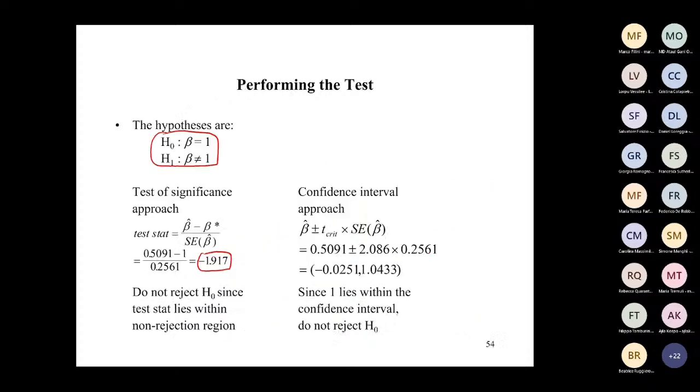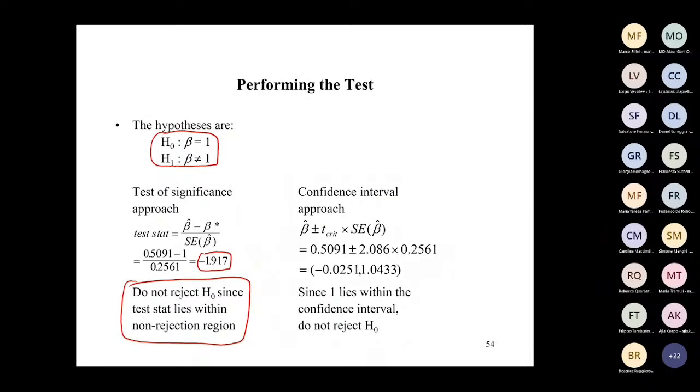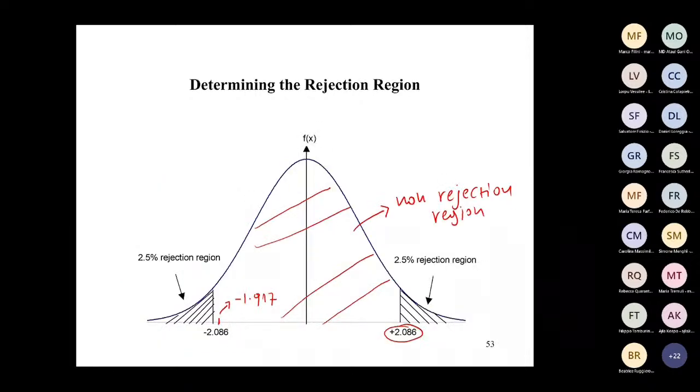So what's the conclusion here? We do not reject since the test statistic lies within the non-rejection region. Or in other words, the absolute value 1.917 is less than 2.086.